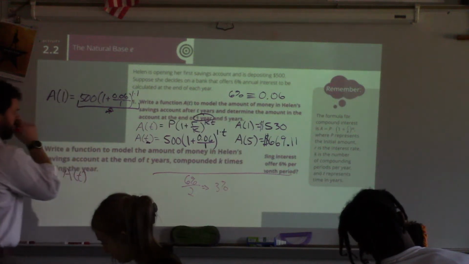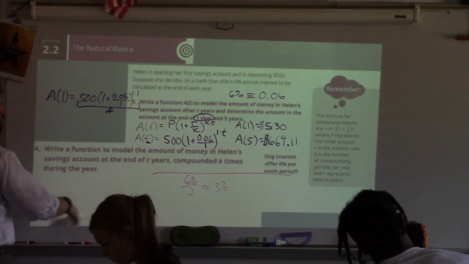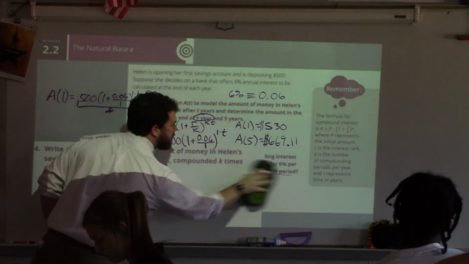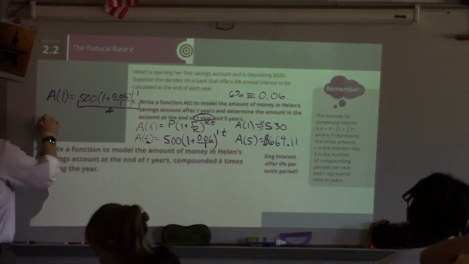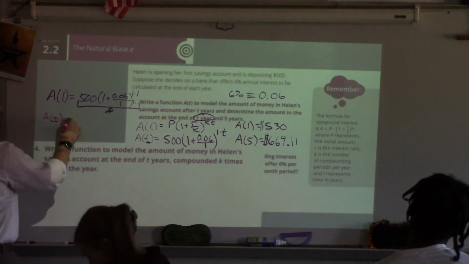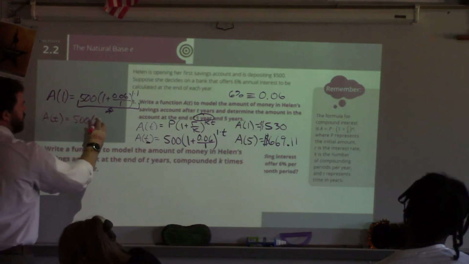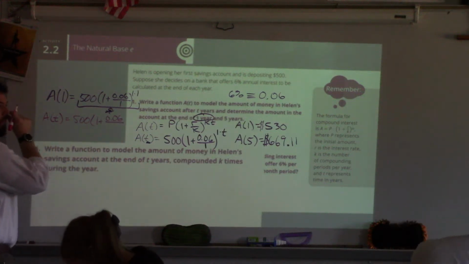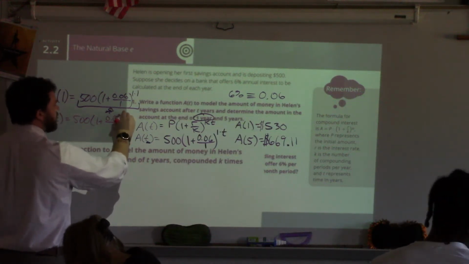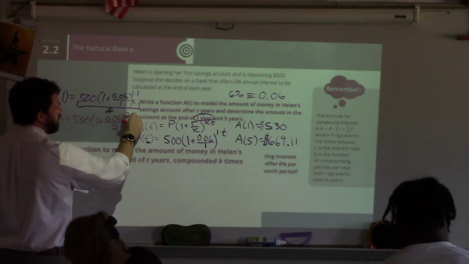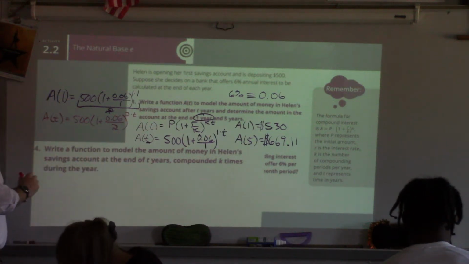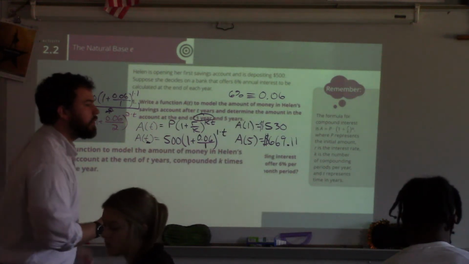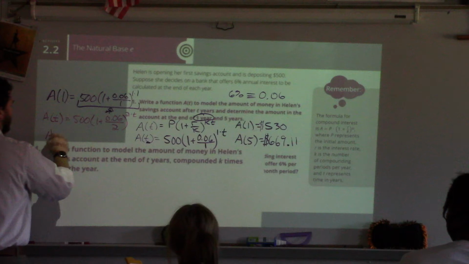We're skipping number 3, but I do want you to see what Gracie is referring to here. If I change it so that I'm compounding it twice, it'd be 1 plus 0.06 divided by what? 2, raised to the 2 times t. Substitute the 1 in now to see what you would have at the end of 1 year.